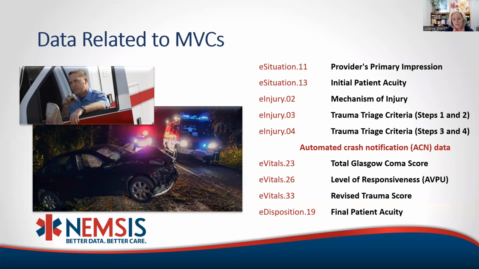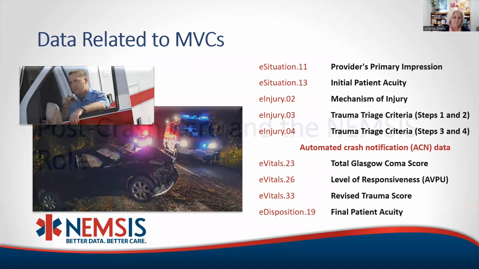If you are a state EMS official or a state traffic safety official, understanding what's collected at the state level and at the national level helps you to better plan for what's the story that you can tell from the EMS data. Where's the information? How do I get to that information? And what can the information tell me? What's available to me to better describe MVC in your jurisdiction?